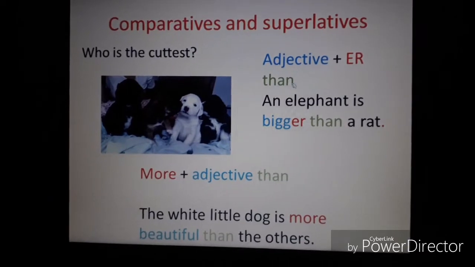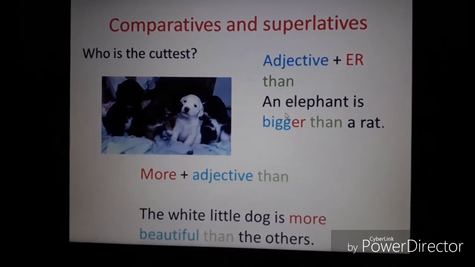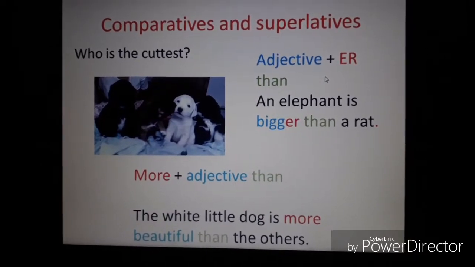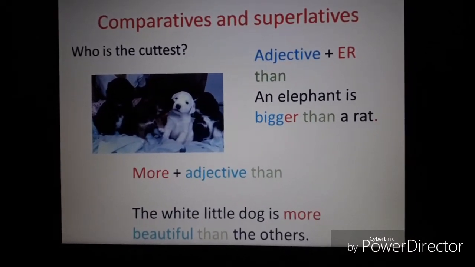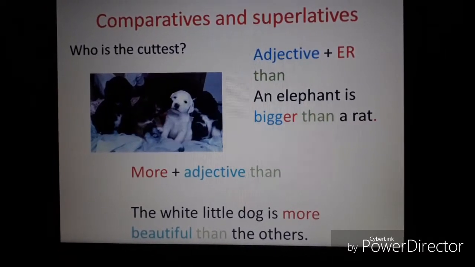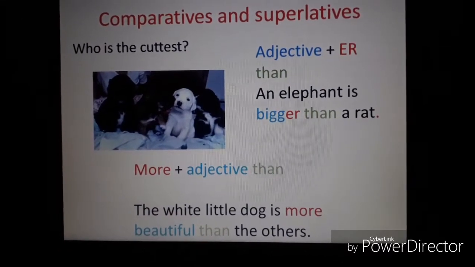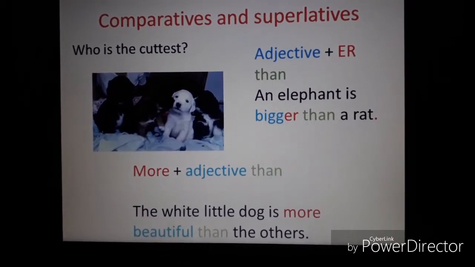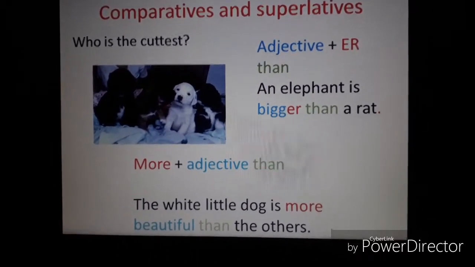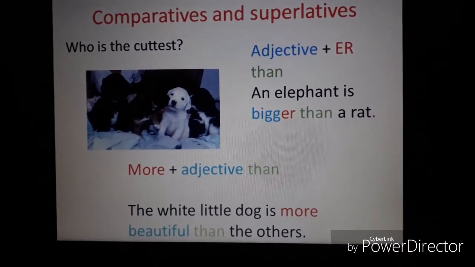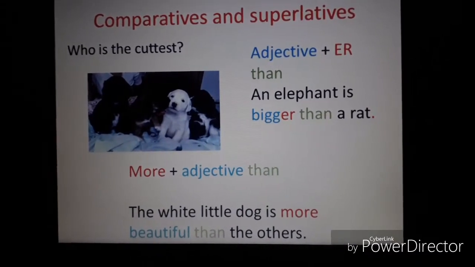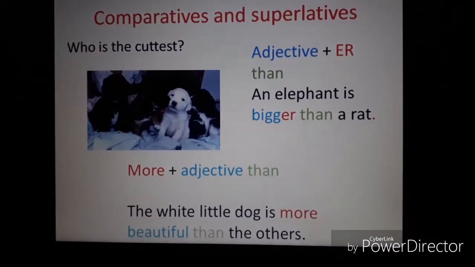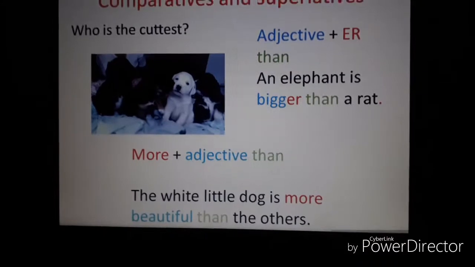An elephant is bigger than a rat. So elephant is the noun. We're comparing the elephant with a rat, and we're saying that one is bigger than the other one. So it is a short adjective, so we write er at the end. We add that suffix at the end when it is a short adjective. And the other way that we have is when we have a long adjective such as beautiful.